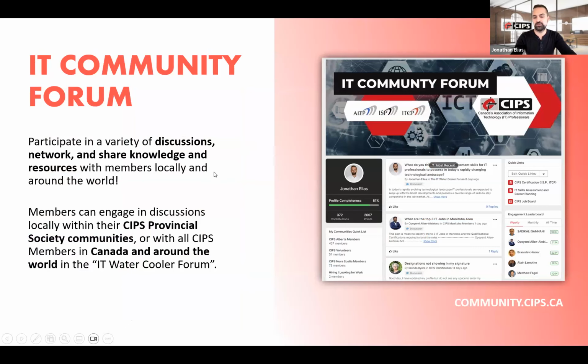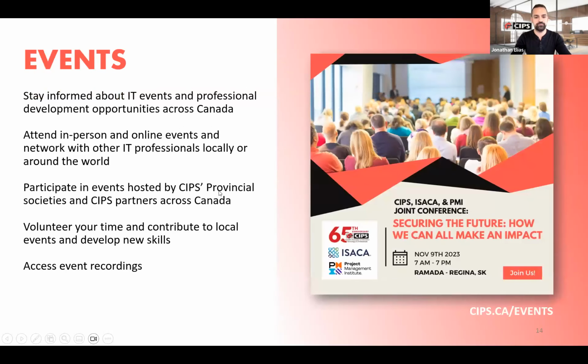So it's a great way, if you want to reach CIPS members, both locally in Canada or even our international members abroad, I would say definitely check out the community forum. When you post a discussion, not only is it on the community forum website, but CIPS members will also receive an email digest with any new discussions or posts that are made in the forum.